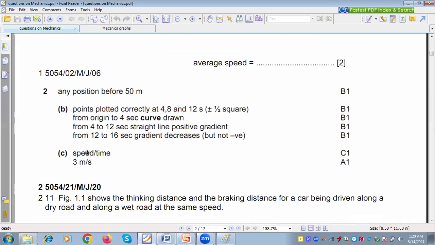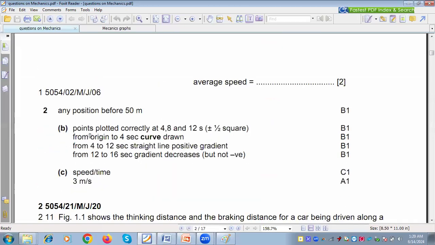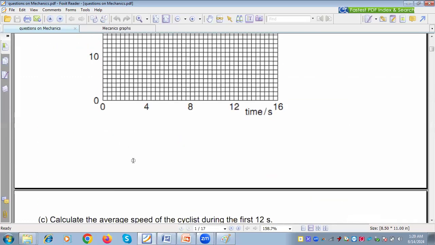Any position before 50 is accepted for where he will be at t equals 16 seconds. The points must be marked correctly, and only plus or minus half a square mistake is allowed. From the origin to 4 seconds the curve is drawn with increasing gradient.